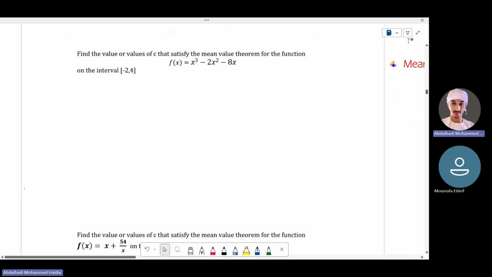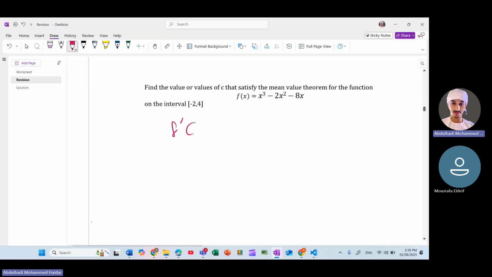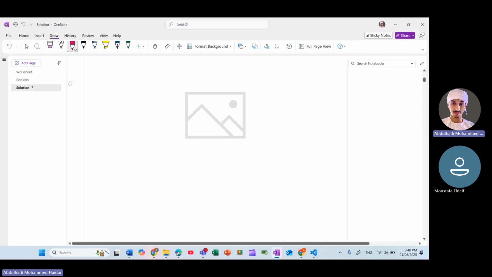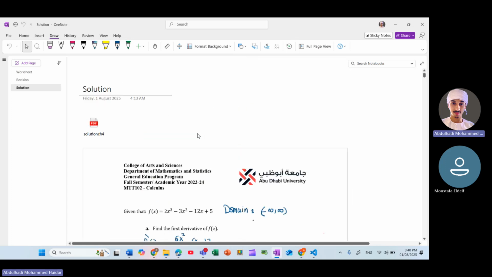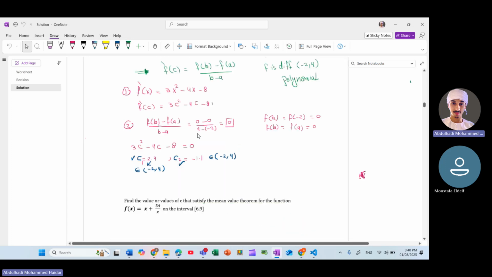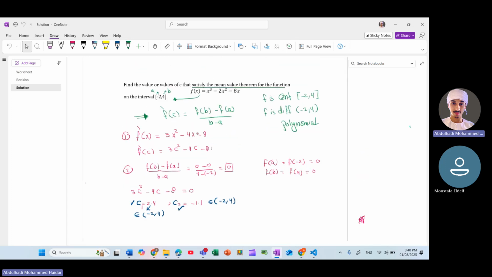Just put the equation. I already have the solution because there is no time, but it's here. So f prime of C equals f of b minus f of a over b minus a. So find the derivative of this.